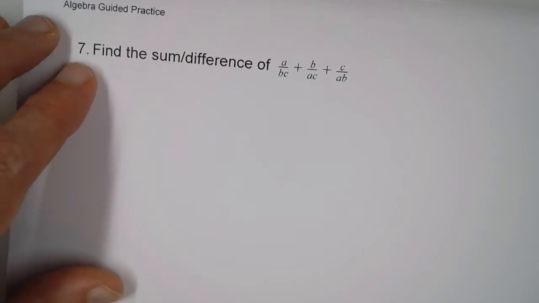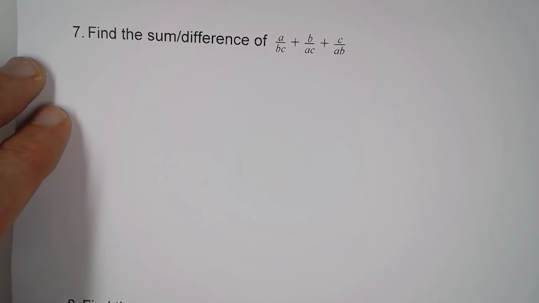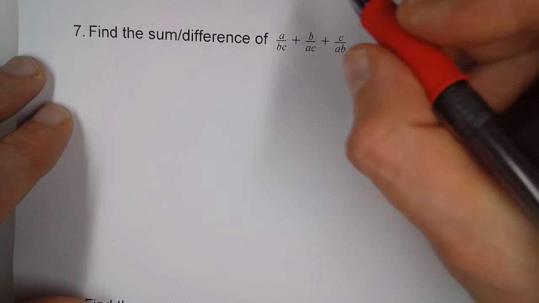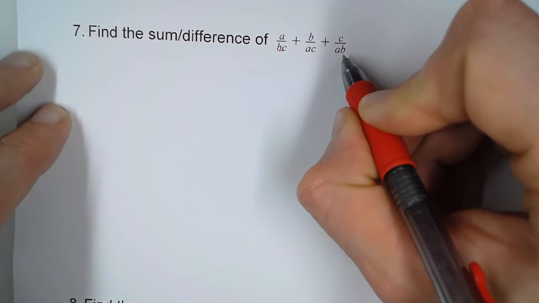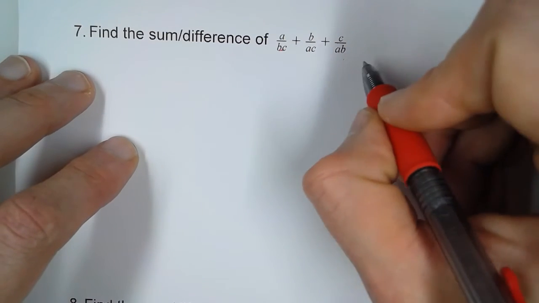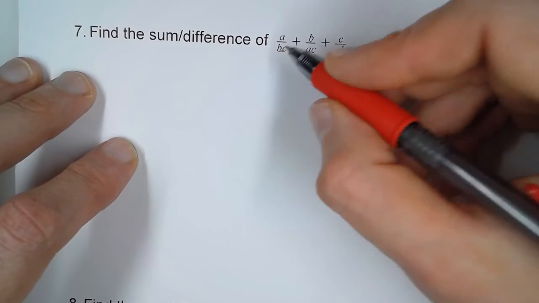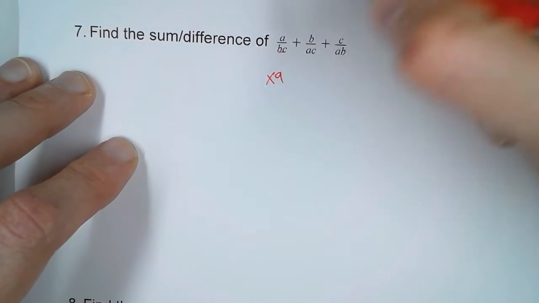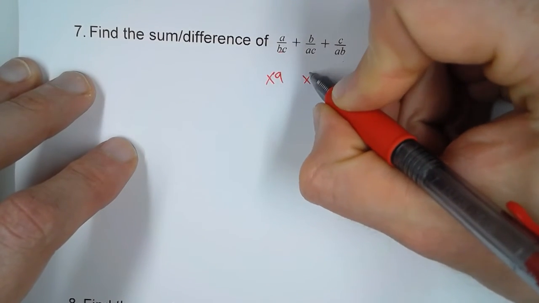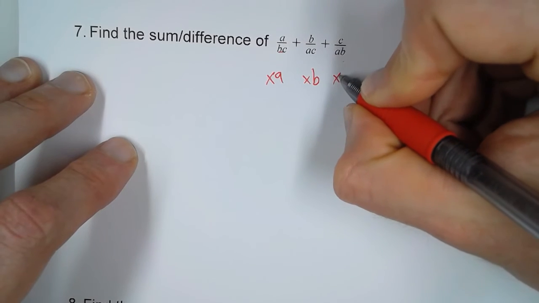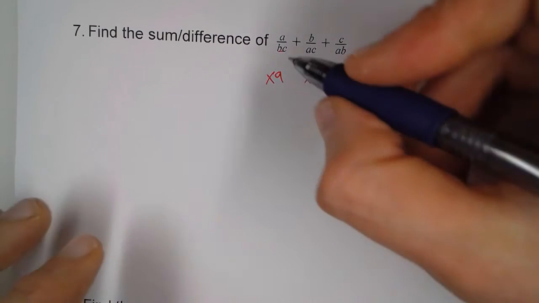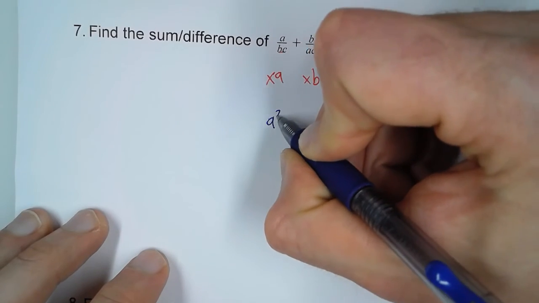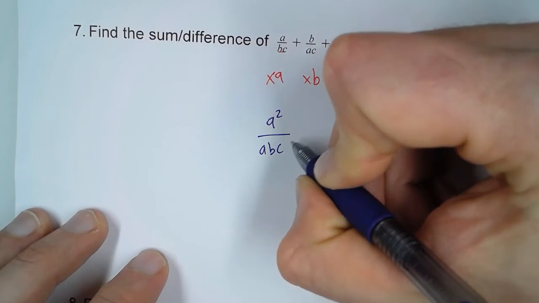Now here we have three fractions, but the rules still work the same. This has a b and a c, this has an a and a c, this has an a and a b. So in order to get a common denominator, I need to multiply this fraction by a, top and bottom, this fraction by b, top and bottom, and this fraction by c, top and bottom. So here I'm going to have a squared over abc.